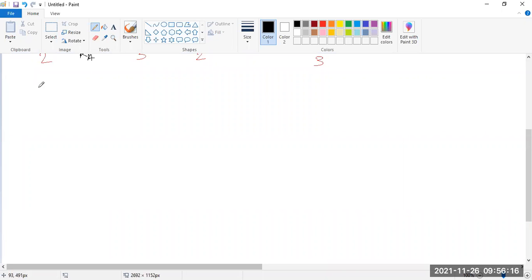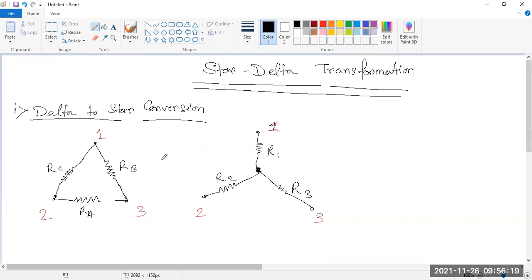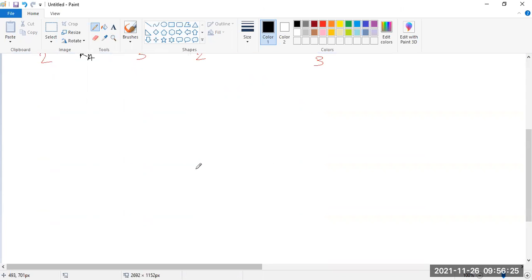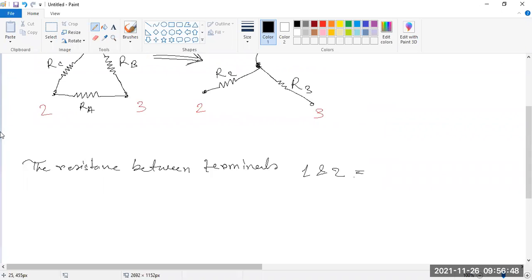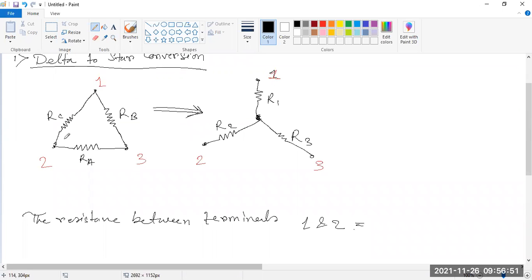Now, because we are going for the delta to star conversion, means this to this, consider the resistance between terminals 1 and 2. What is between 1 and 2? That is RC. RC is parallel with RB plus RA.